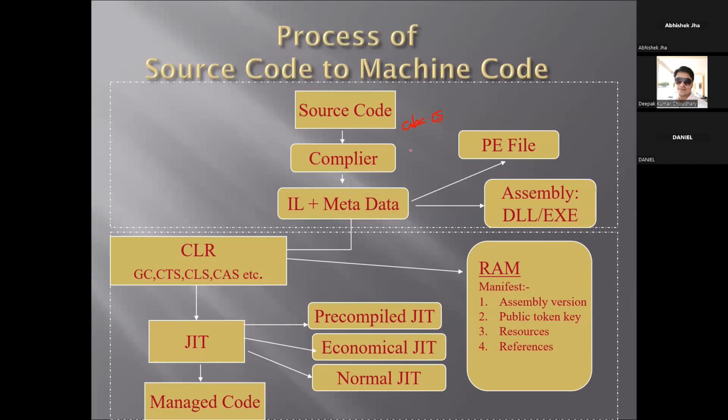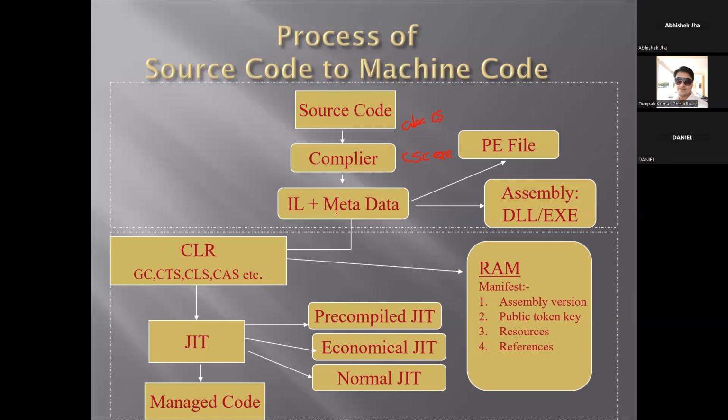That means the compiler is the C# compiler, csc.exe. So this is the compiler of C#. Now that compiler's responsibility is to convert that abc.cs source code to IL, and it also generates the metadata files.